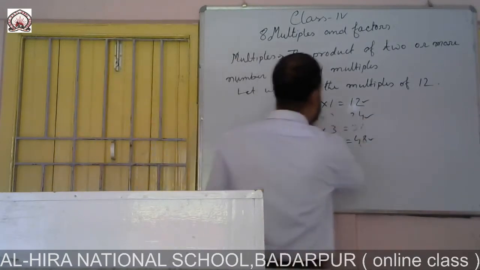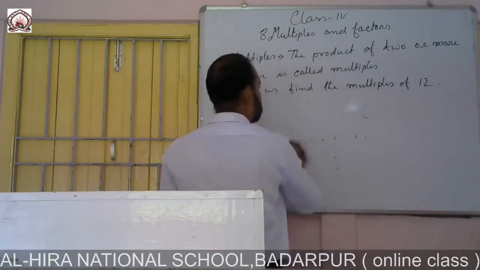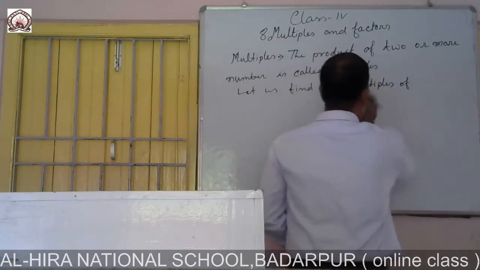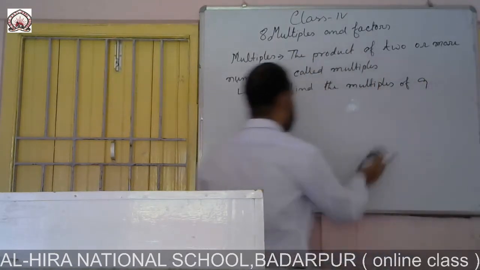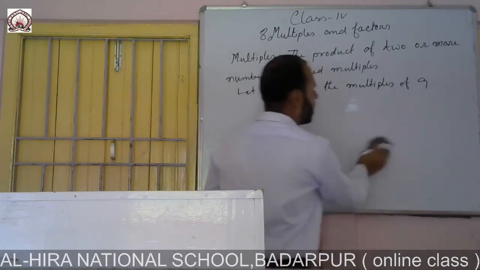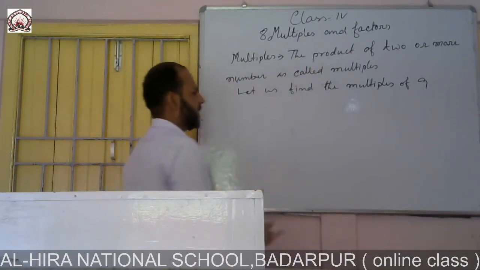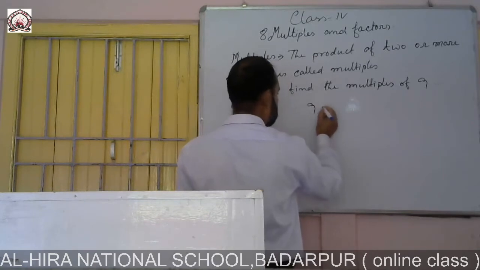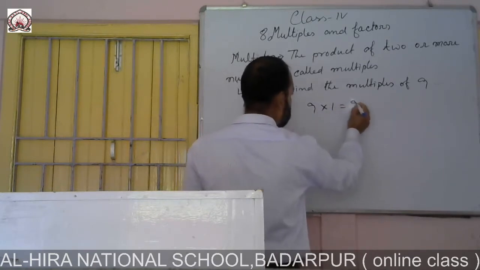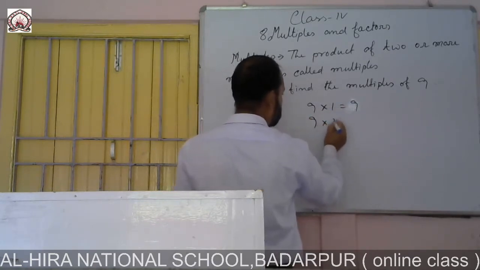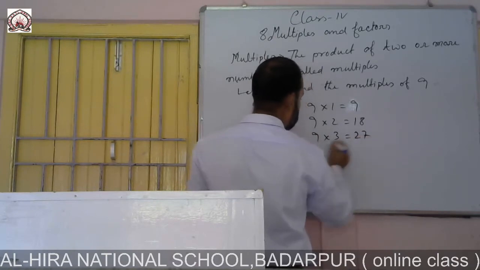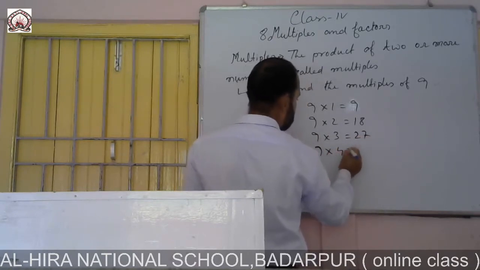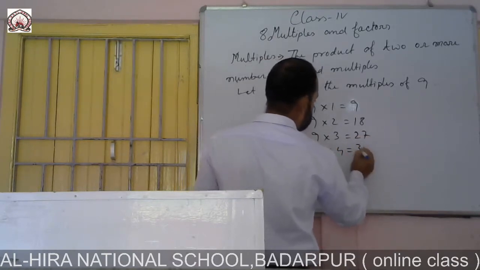Let us take one more example. Let us find the multiples of 9. So similarly, we write the table number 9. 9 1 is 9, 9 2s are 18, 9 3s are 27, 9 4s are 36.